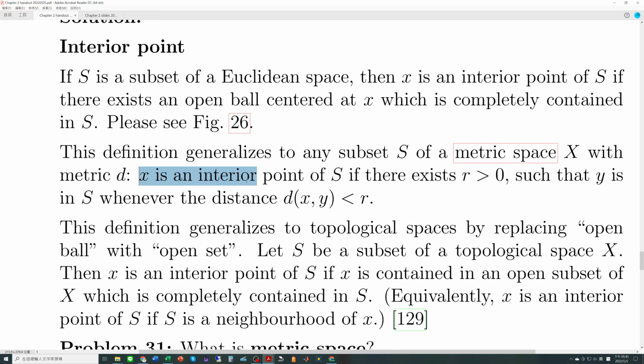X is an interior point of S if there exists r greater than 0 such that y is in S whenever the distance d(x, y) is smaller than r.